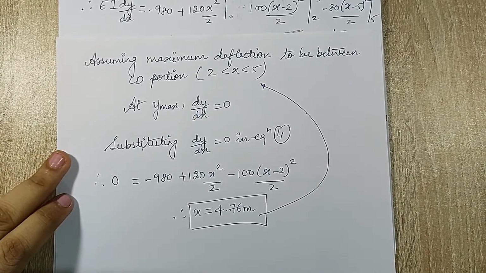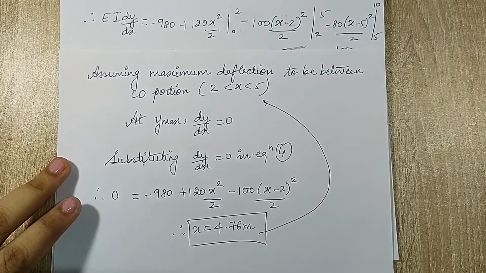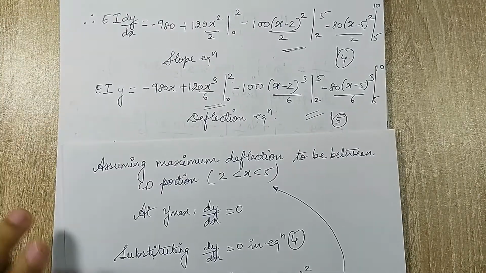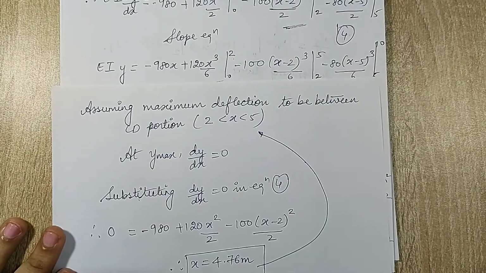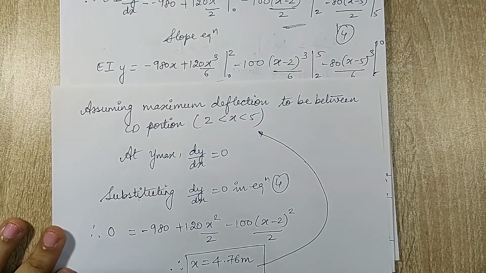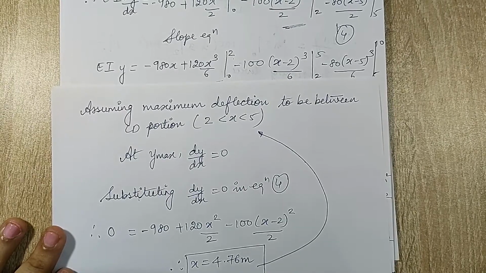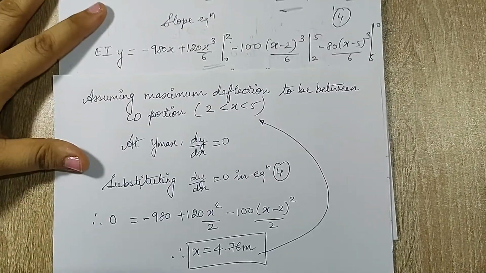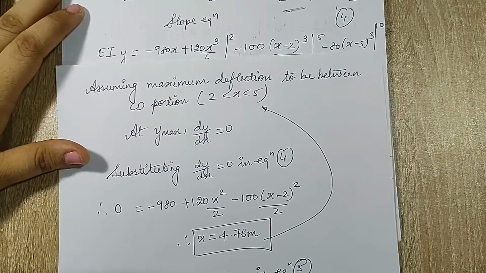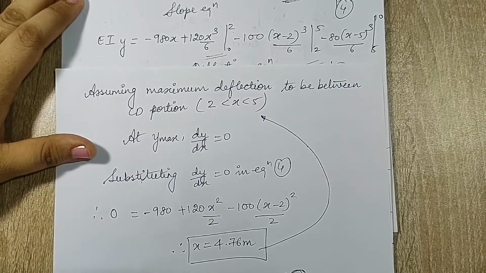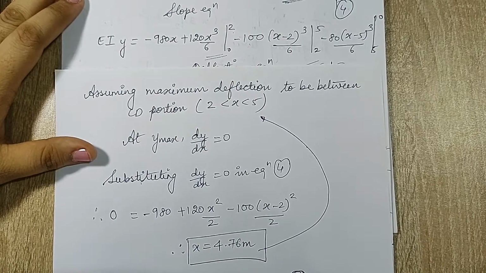I will substitute x is equal to 4.76 meter in the fifth equation for calculating y max. So I'll write down, therefore, substituting x is 4.76 meter in equation 5. Now in equation 5 I'll have EI y max is equal to minus 980, x is 4.76.